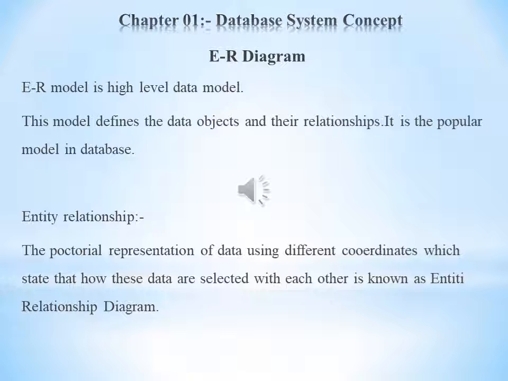It is a popular model in databases. This model consists of entities and relationships between these entities. An entity is nothing but an object having its own properties. These properties help to differentiate the object from other objects.